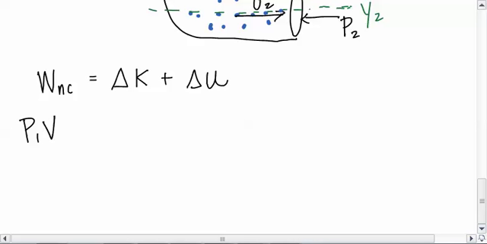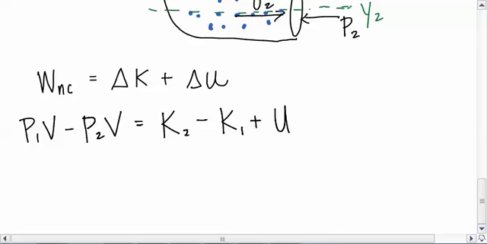P1 times V, but P2 is doing a negative work because it's trying to hold the fluid back from running out of the pipe. Then our kinetic energy would be final K2 minus the initial kinetic energy, so the kinetic energy of the fluid at point 1, plus U2 minus U1.